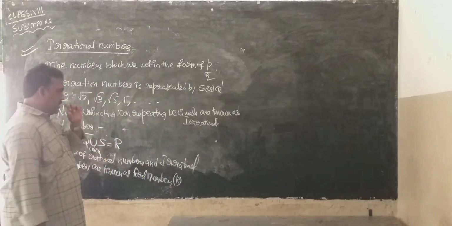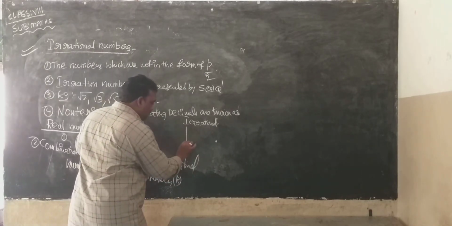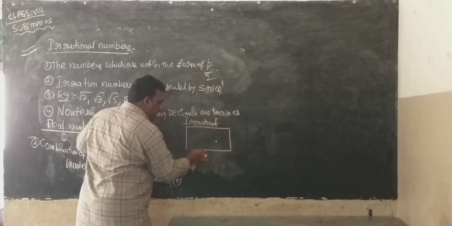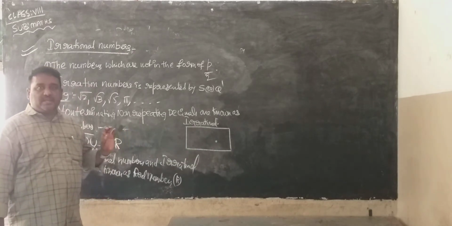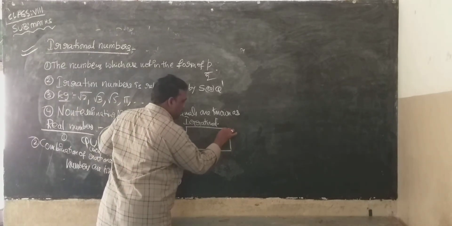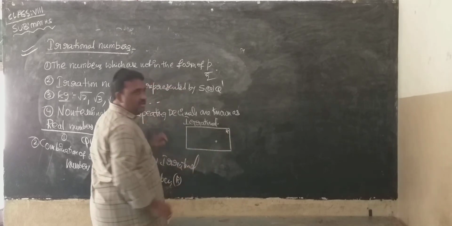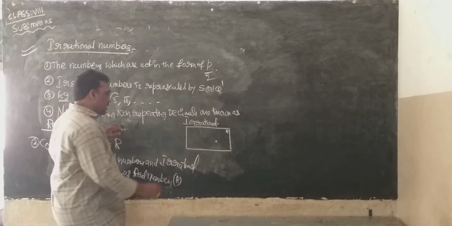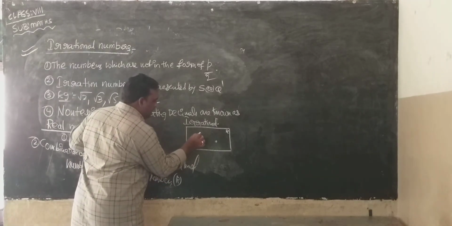Then the diagram. How do we represent the total number system using a diagram? The total diagram is real numbers. Then 4 circles.